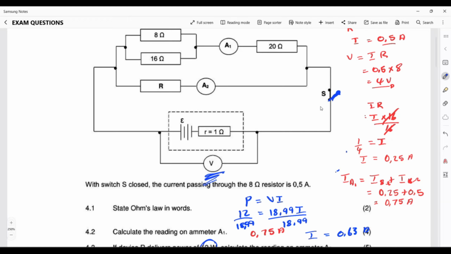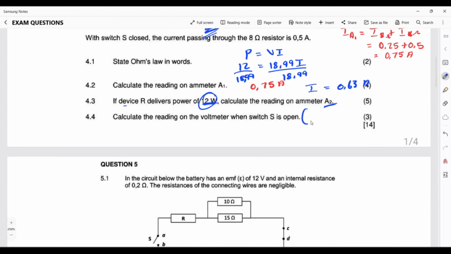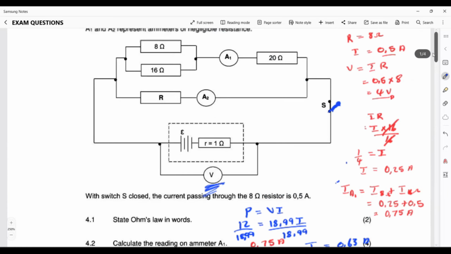When the switch is open, voltage reads EMF. So what they're simply asking here, they're asking calculate the EMF, because when the switch is open, we find the EMF. Okay, all right, that's fine.